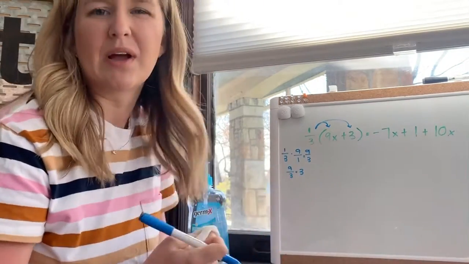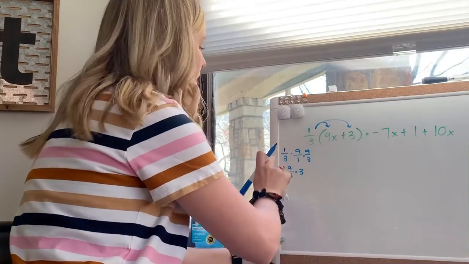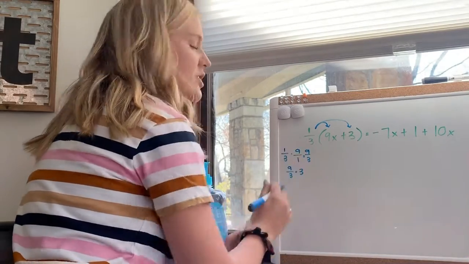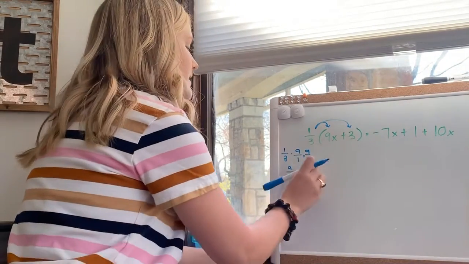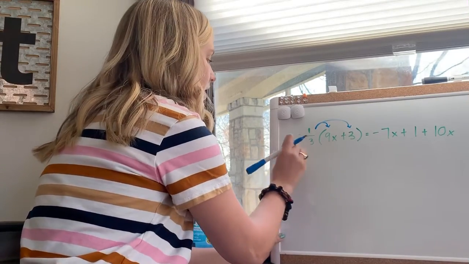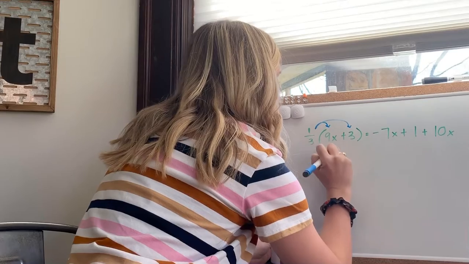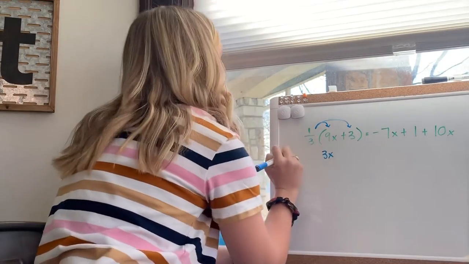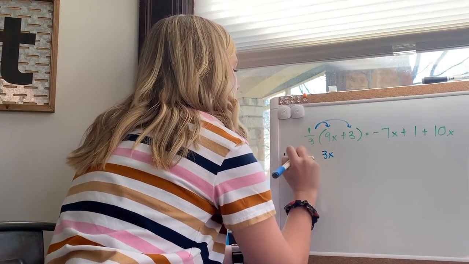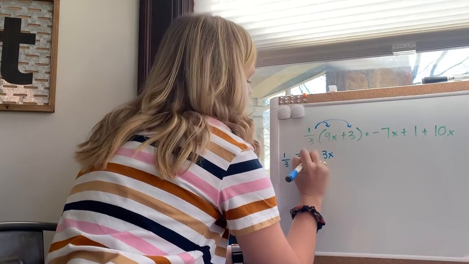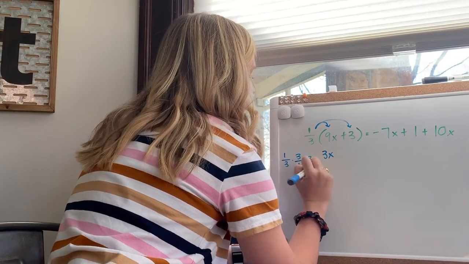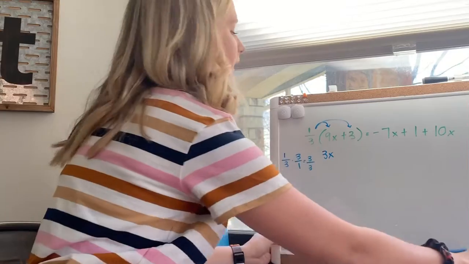I'm just going to erase it because it's going to take up a little bit of room. But when I multiply, I just multiply straight across with my fractions, and I can simplify to get 3 at the end. I'm going to do the same thing. Well, I'm going to go ahead and write that that is 3x. And then if I do 1/3 times 3 over 1, I'm going to get 3 over 3, and that's going to simplify to 1 as well.